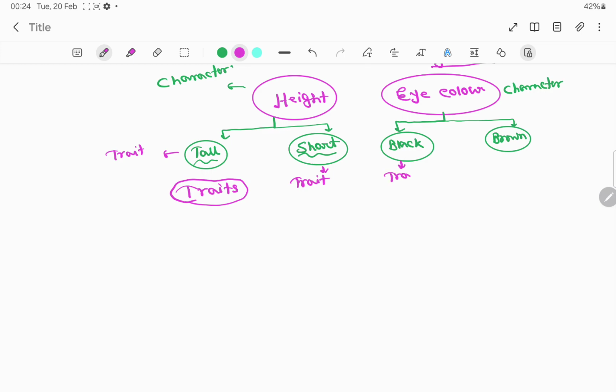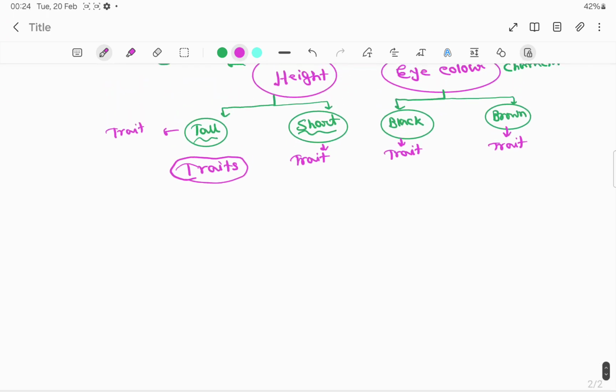Black is a trait. Brown is also a trait. Understood? So a character has alternate forms. How many alternate forms have I told? Two alternate forms. Why two? It will be discussed a little bit later.